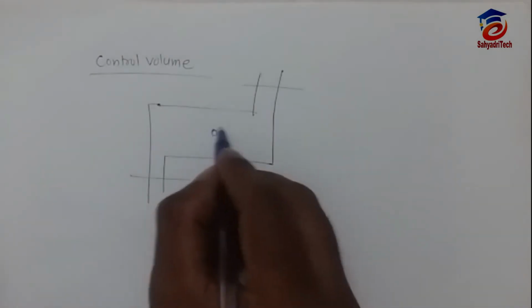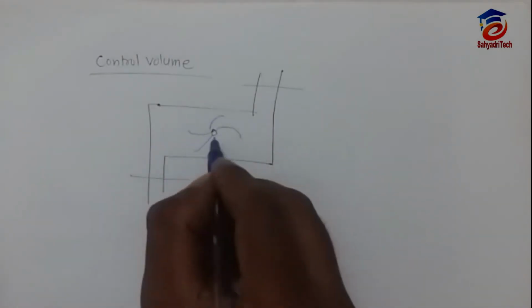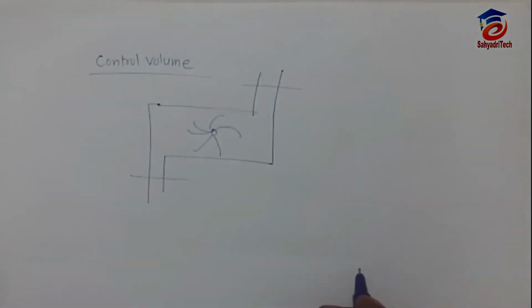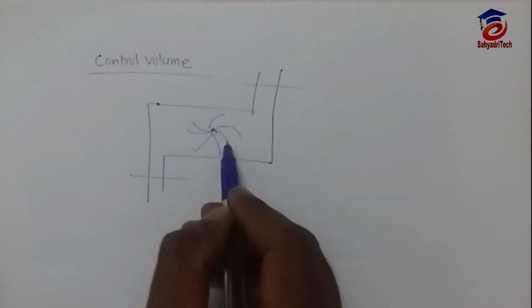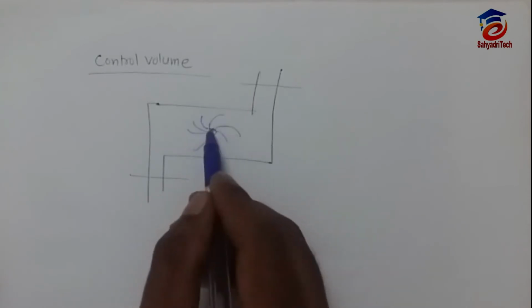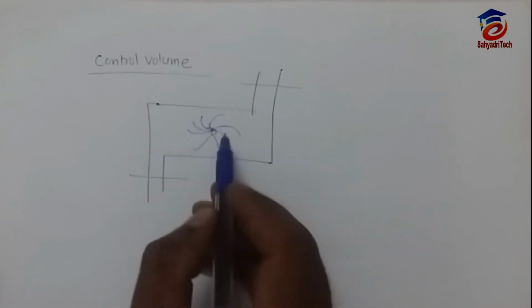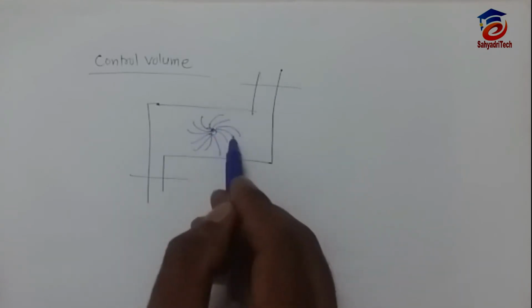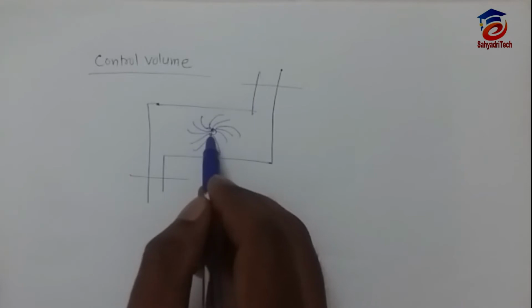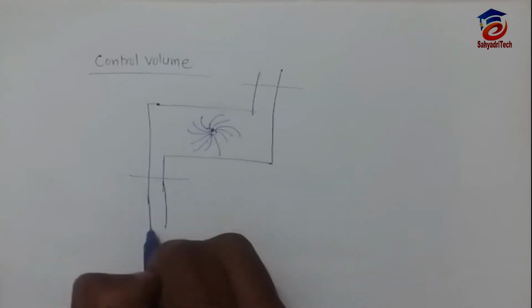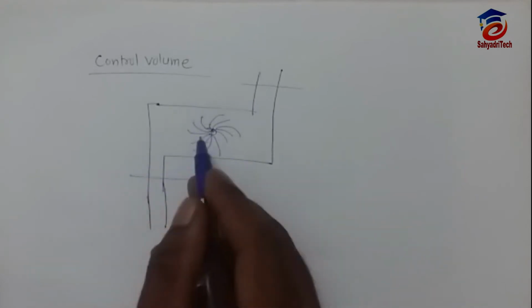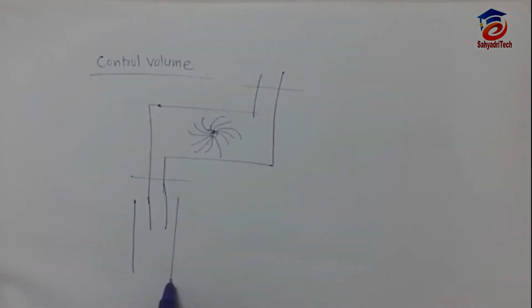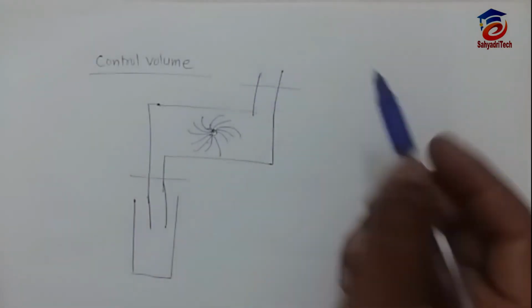There is one impeller here. What is this application? It is a centrifugal pump. This impeller is rotated by using one motor. So when it rotates, what happens? There will be negative pressure here, positive pressure at the suction side, so water will get pulled, and there is the delivery side here.